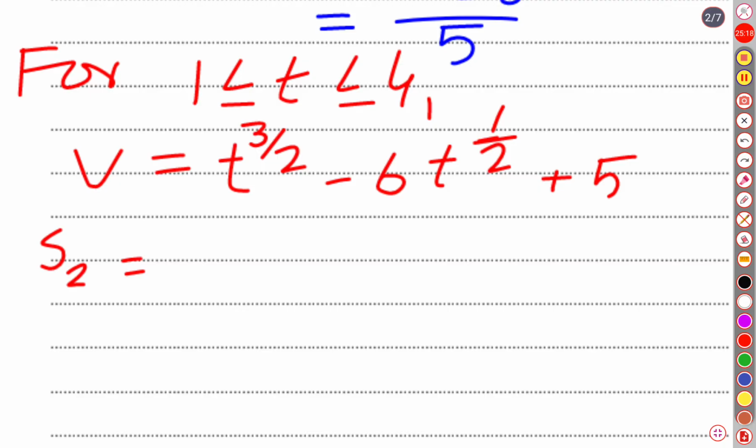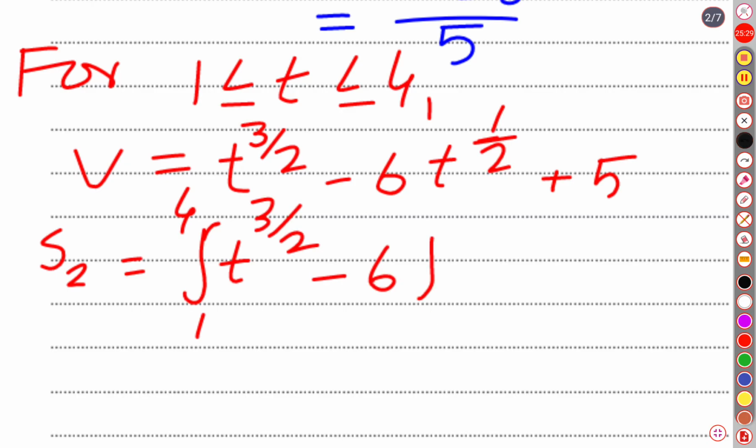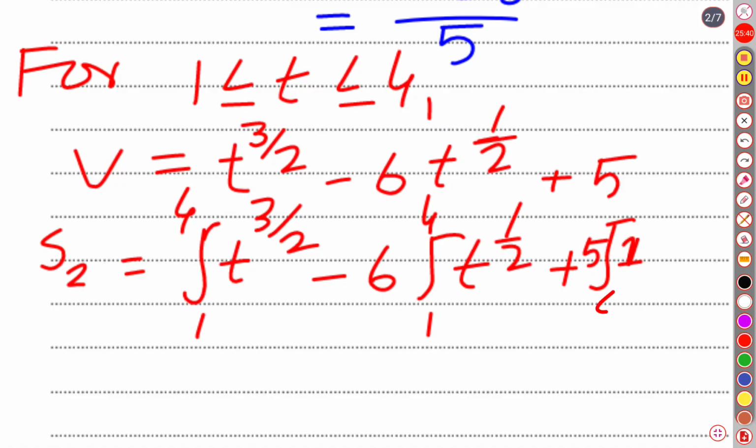It is going to be integral from 1 until 4 of t raised to 3 over 2, minus 6 times integral from 1 until 4 of t raised to half, plus the integral of 5, from 1 until 4, in terms of t. If we add 1 to the exponent, it is going to be 5 over 2.